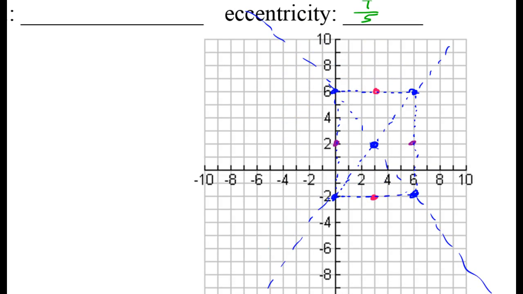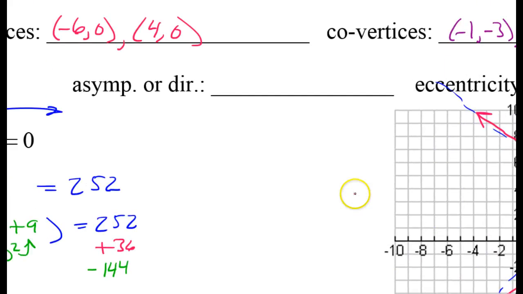So that gives me enough information to draw the hyperbola. So these red dots are the vertices, so that means the branches are here, and they must approach the asymptotes like this. So this is what the hyperbola should look like.